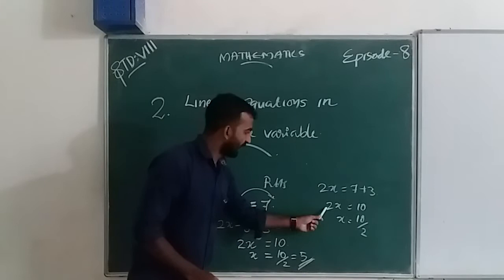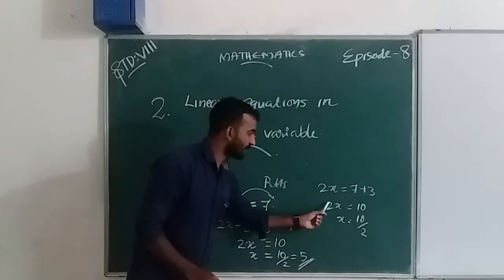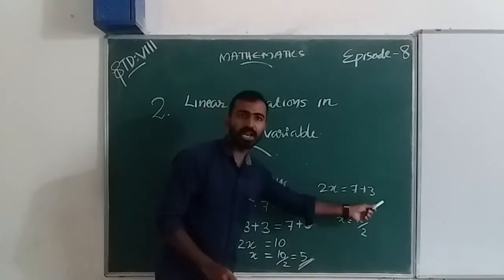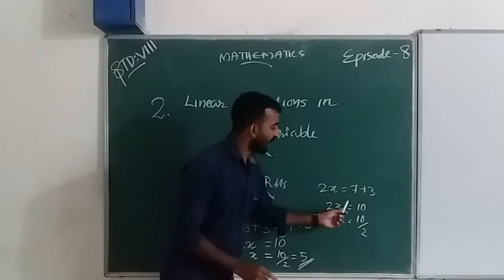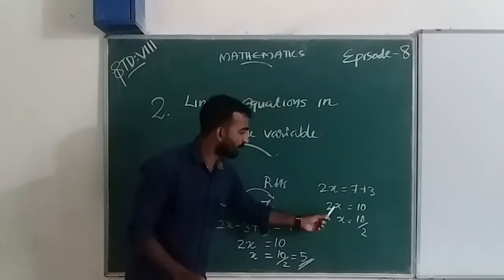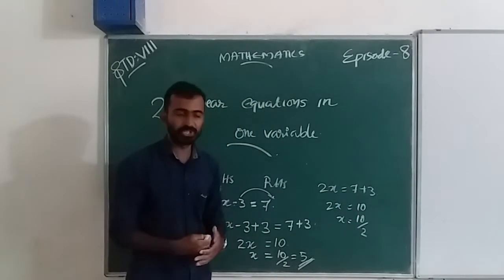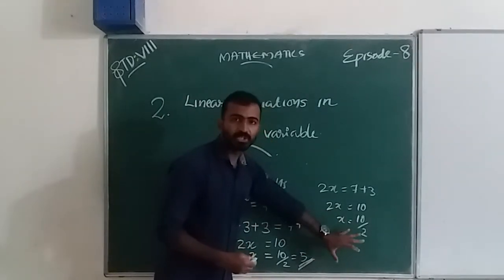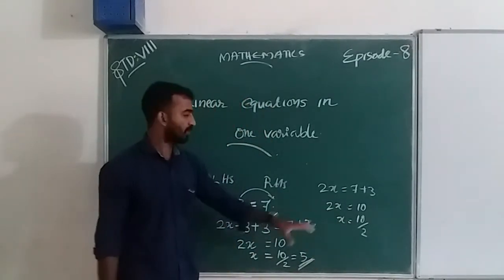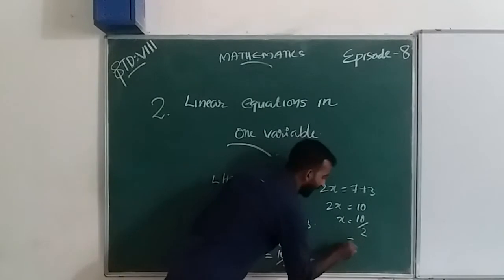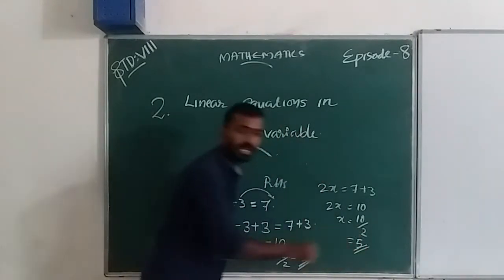Here in 2x equal to 10, the operation is multiplication. When multiplication goes to the right side of the equal sign, it is converted to division. So x equal to 10 divided by 2, that is, 5.